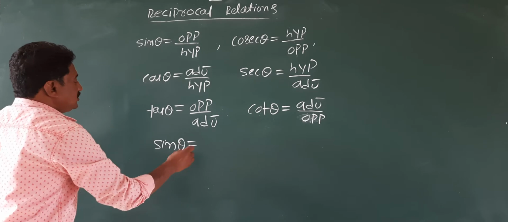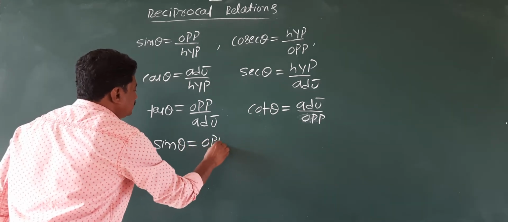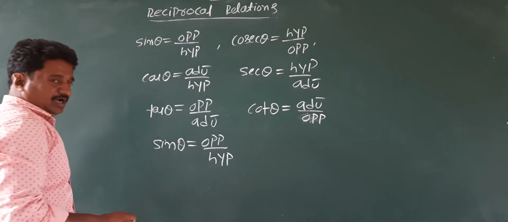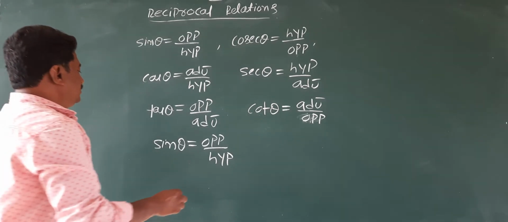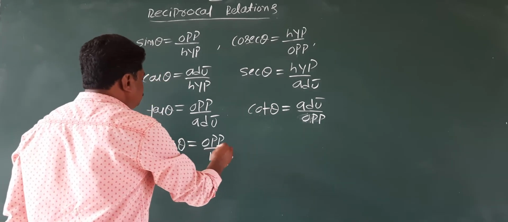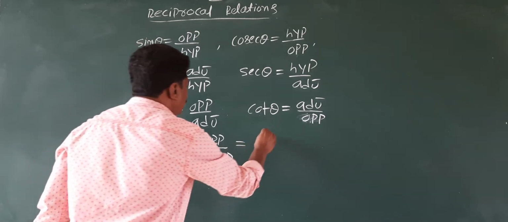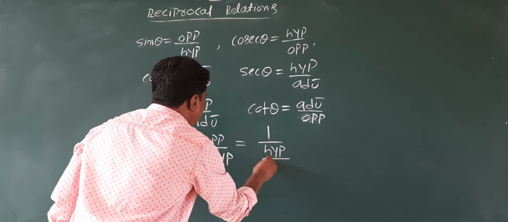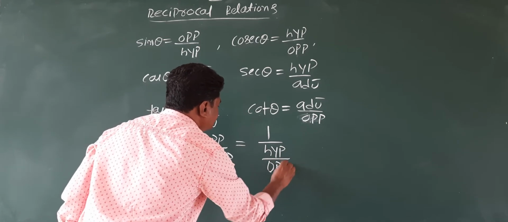Sin theta is equal to opposite by hypotenuse. Go for reciprocal. This can be written as 1 by hypotenuse by opposite.